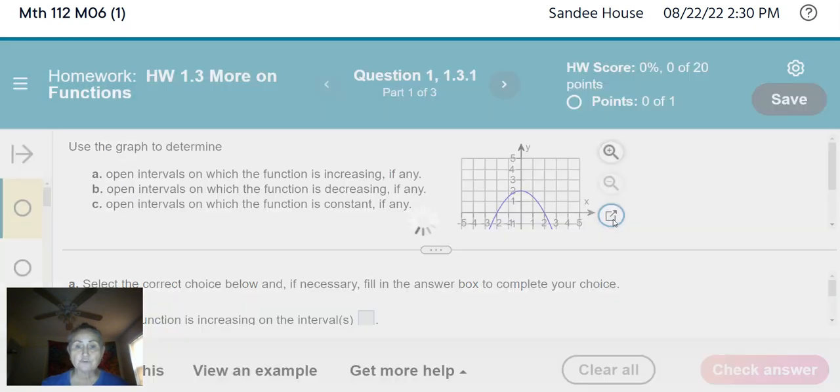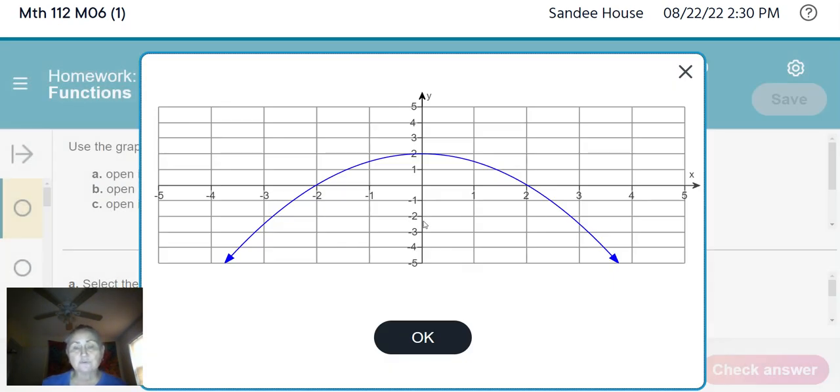Now I'm going to pop this graph out and look at it for a minute, and I want to point out that whenever the graph has an arrow on the end, or even if it goes off to the very edge, as long as there's not a closed circle there, the graph is going to continue forever in whatever direction it's going.